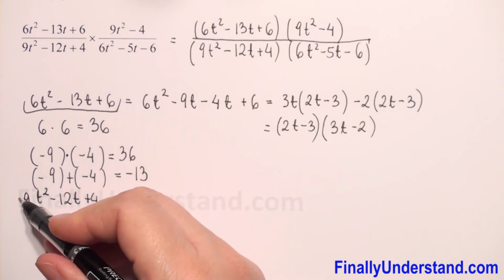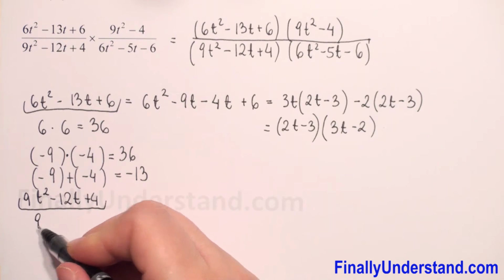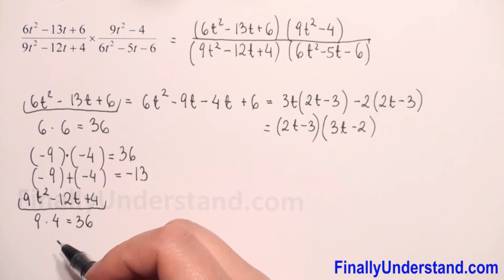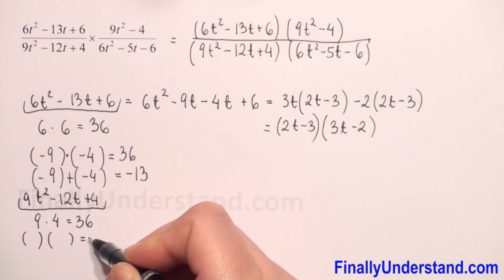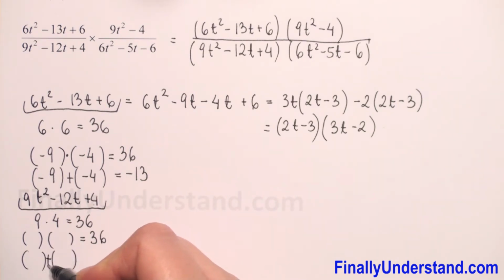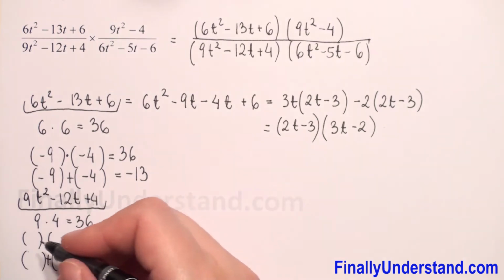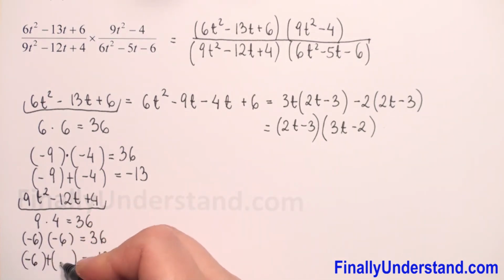So first we have to multiply the coefficient before t squared by the constant: 9 times 4 is 36, and we have to find two numbers which when I multiply, I will have 36, and when I add these two numbers I will have negative 12. Now it will be negative 6 times negative 6 is 36, and negative 6 plus negative 6 is negative 12.